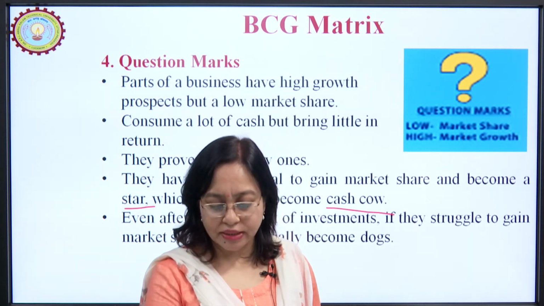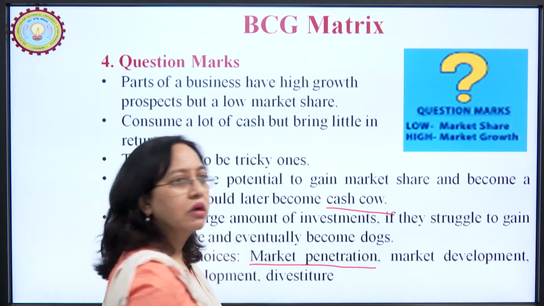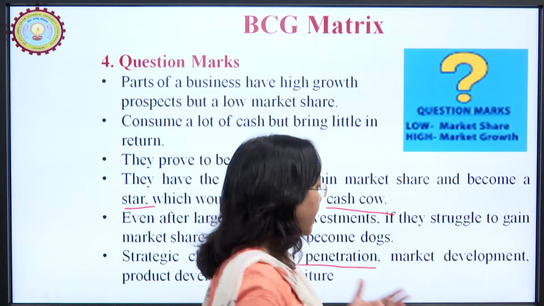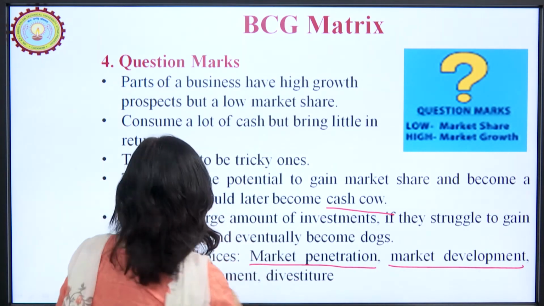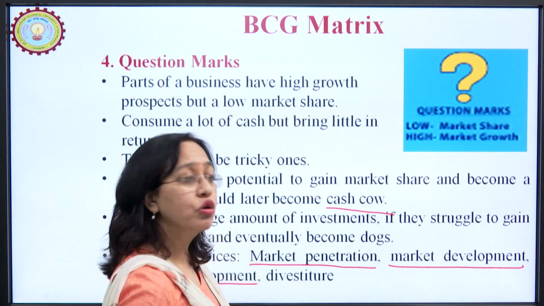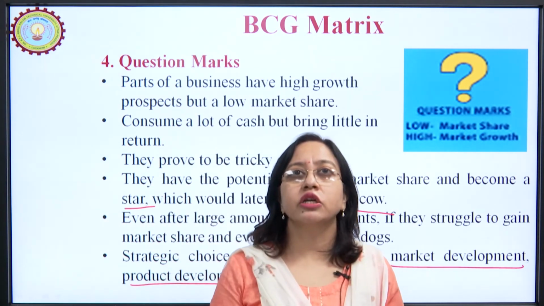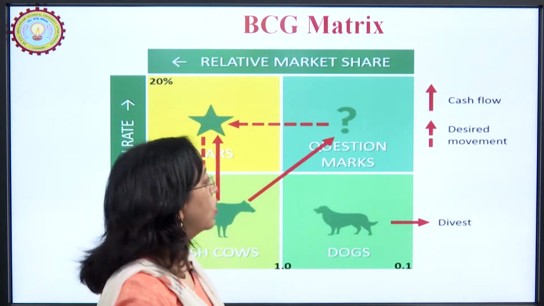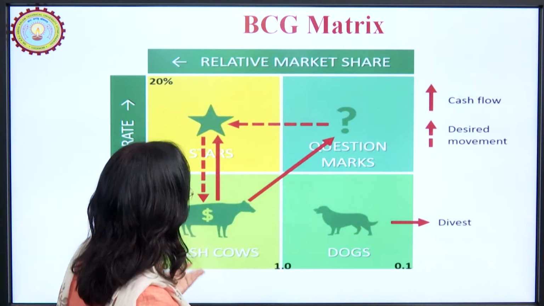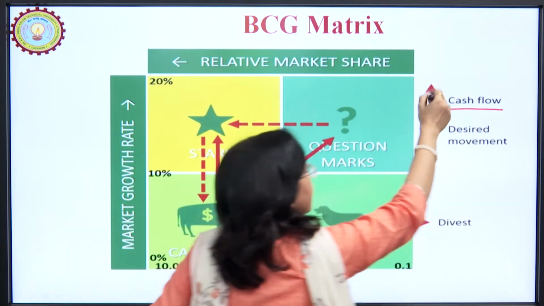And the strategic choices are again market penetration, try to enter into the market, whatever price you want to offer, try to develop new markets, try to develop new products, new features, or divestiture, try to reduce your share in the business. So, this is how the BCG matrix looks. These are the cash cows. You can see this is the cash flow with bold arrows.